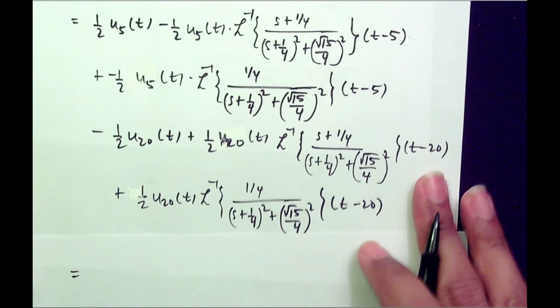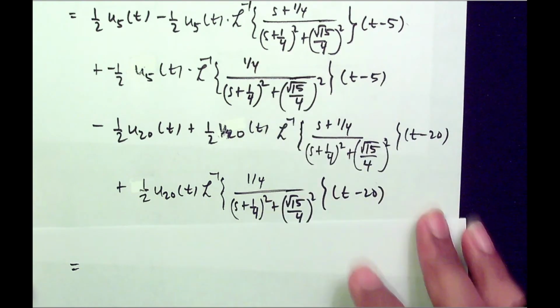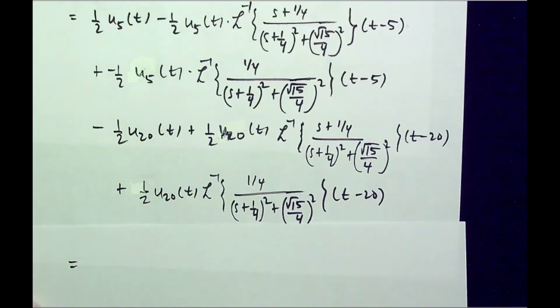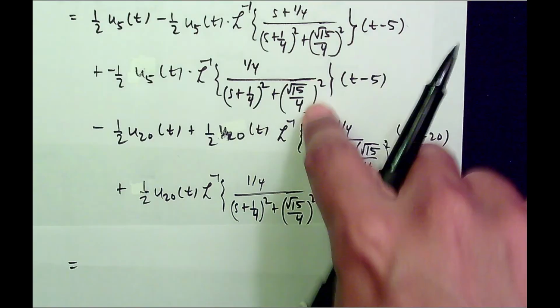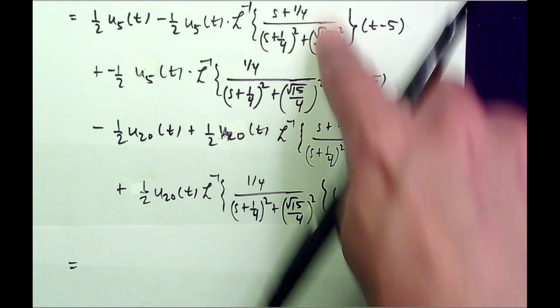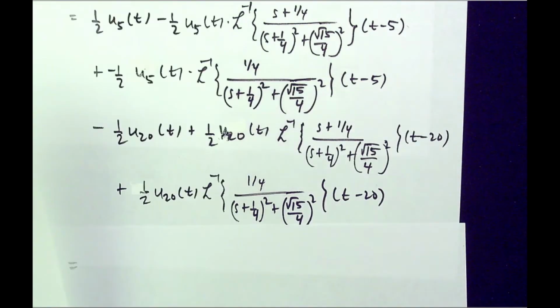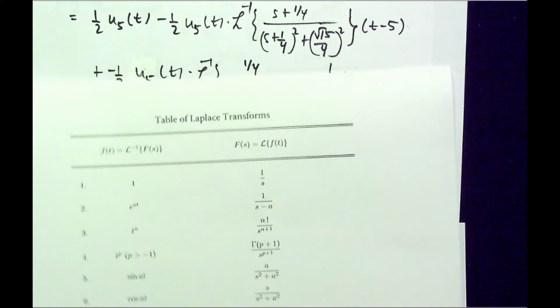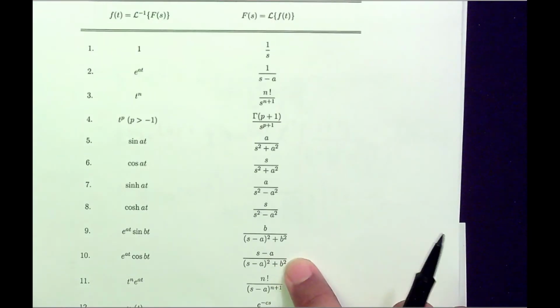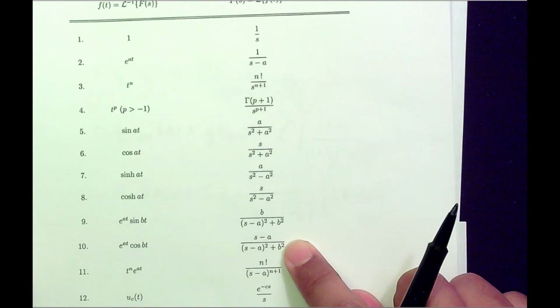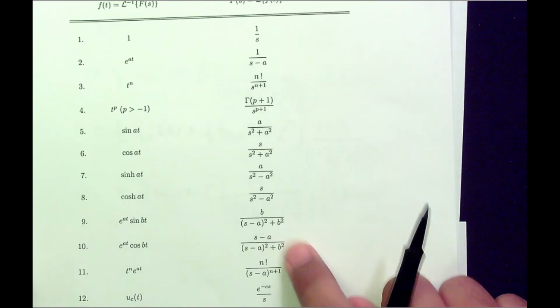Now, we're going to look these two up, and we're almost done. Hallelujah. So look these two up. That's repeated. This is the same as that, and this one is the same as that. So look these two up. That is this one right here, where b is the square root of 15 over 4, and a equals 5.